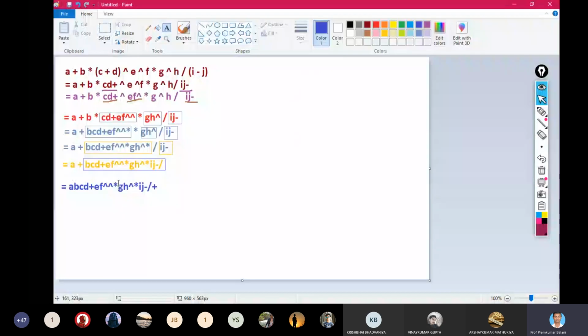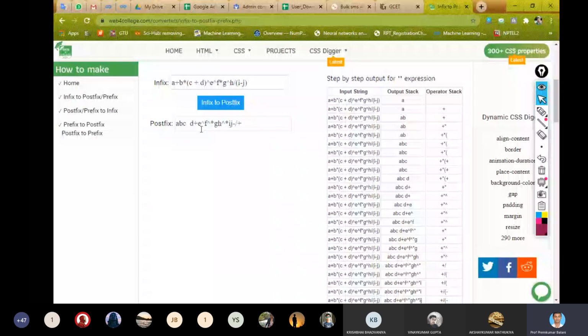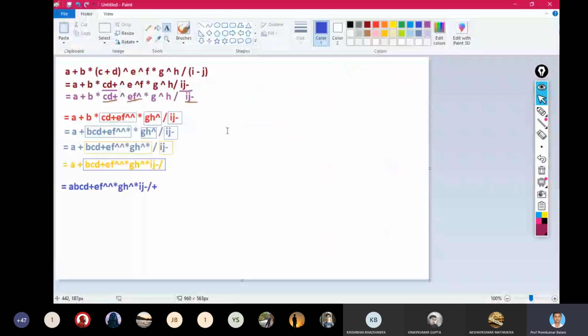Here the online tool is not supporting the raised to operator the way it should, so that's why on the website there is E raised to F raised to. Okay. Then star GH raised to asterisk IJ minus division plus, right? So this is the correct answer, we have the correct answer.